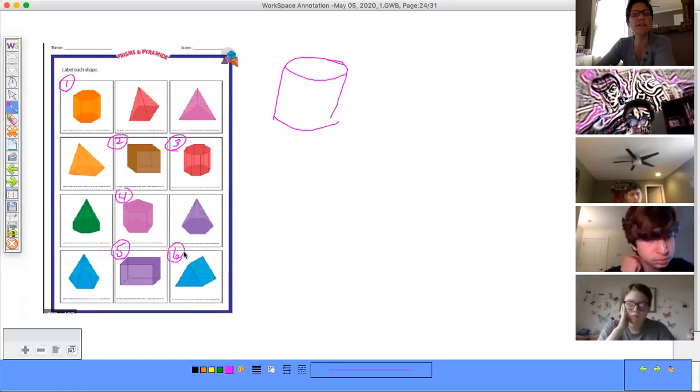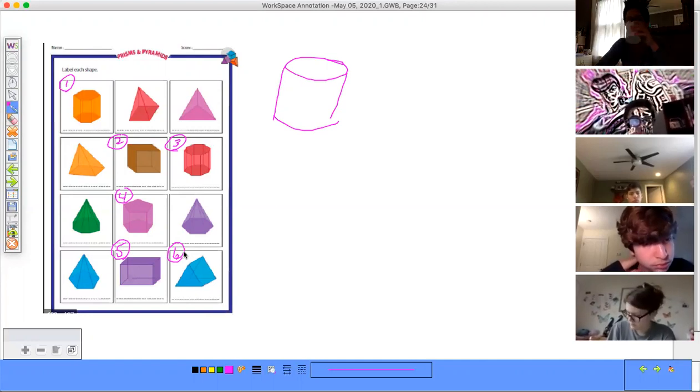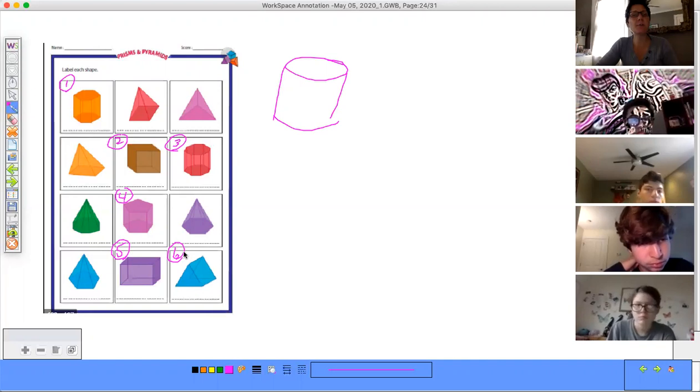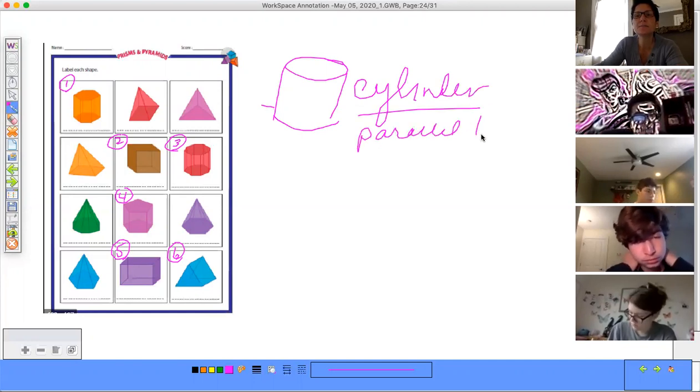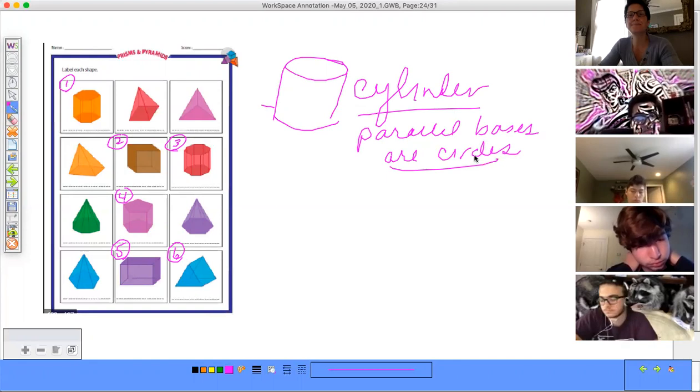You guys take a moment to identify what those are. When I call on you, be prepared to tell me what it is. You'll know that this is a cylinder because your parallel bases are circles.